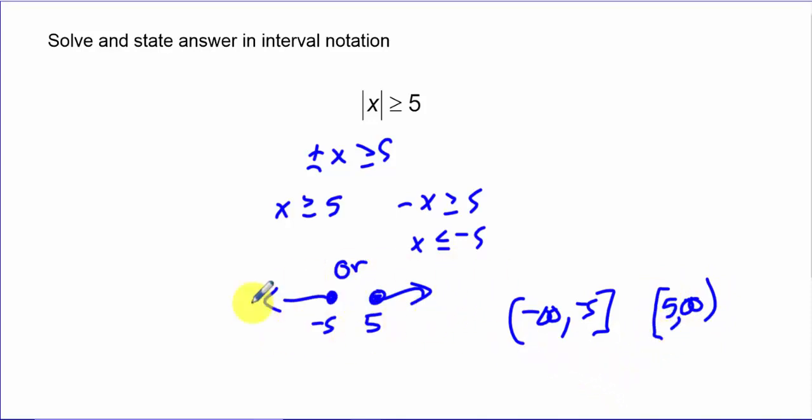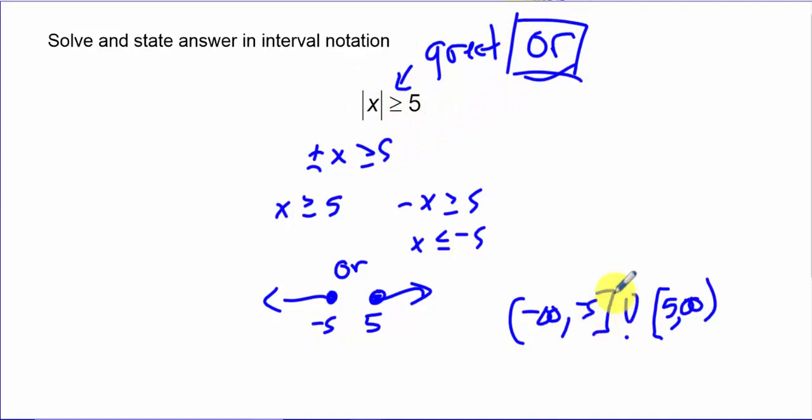And I'm going to have to look at both of these, so I'm going to union those two. Once again, the absolute value is greater than something. Any absolute value that's greater than a number is an OR style problem, so you know you're going to have a union.